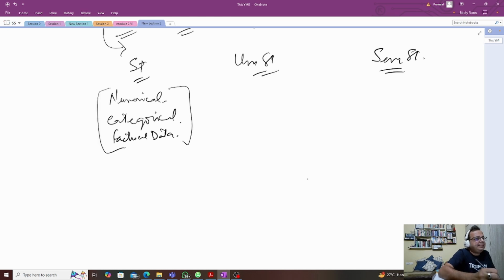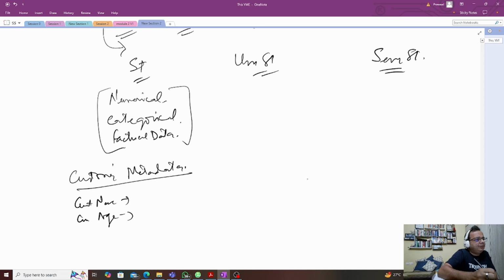Structured data is easy to process. Numerical data can be okay. Let's suppose we are talking about customer metadata, and let's forget whether there are some GDPR rules and all of those things, but you have customer name, customer age, customer city.